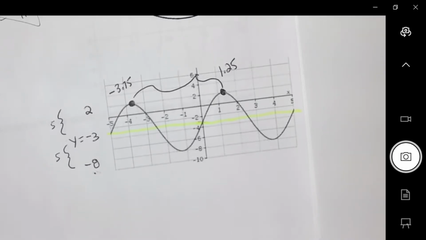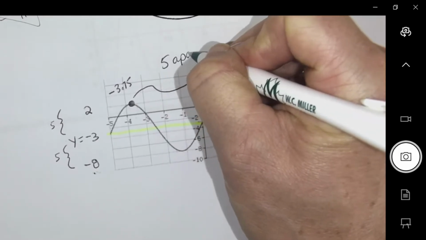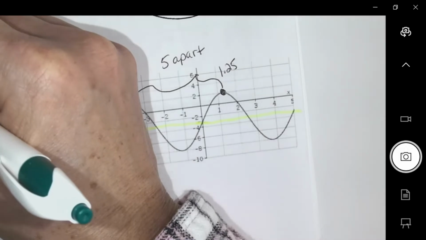So how much space is there between that and that? They're 5 apart from each other, right? So my period is 5.